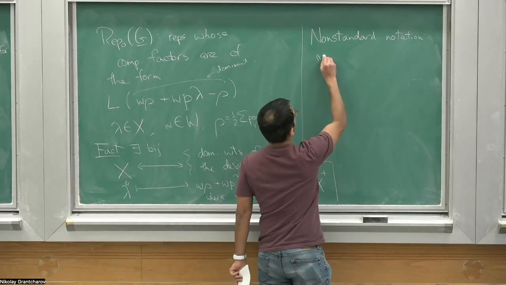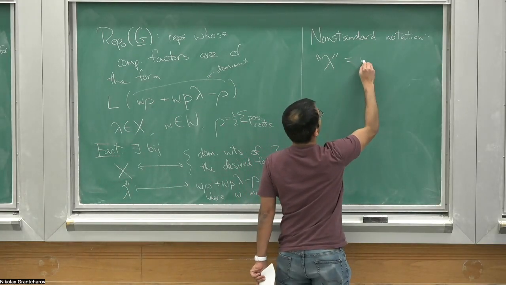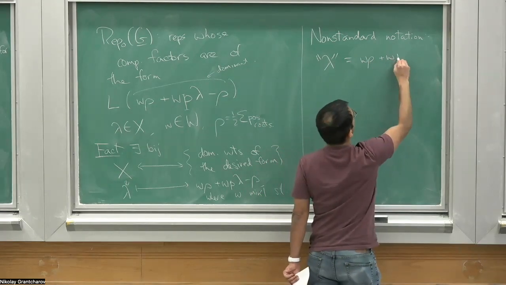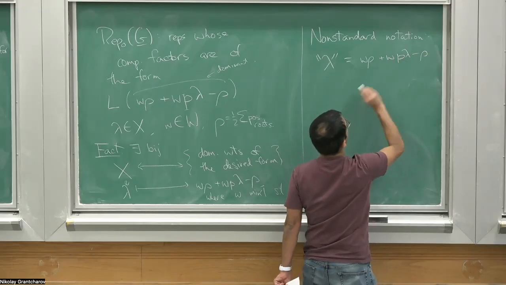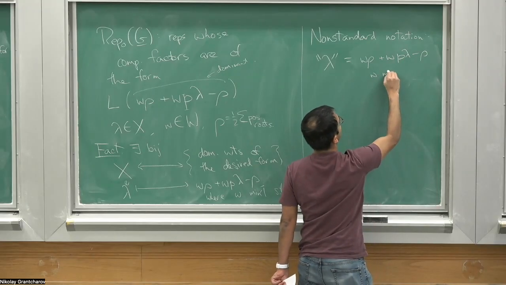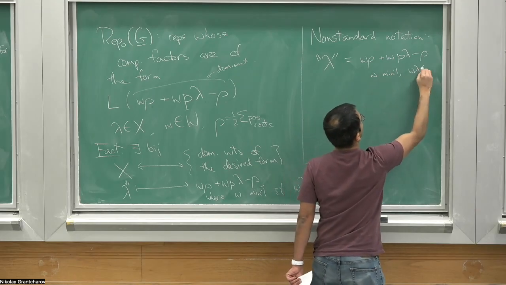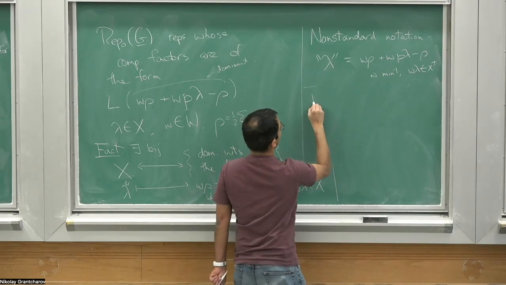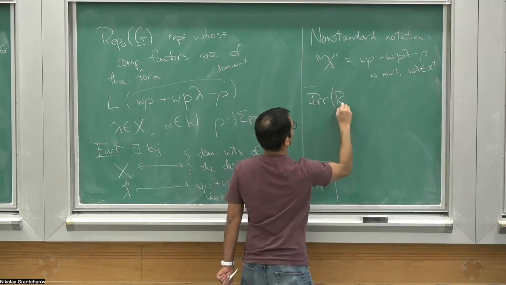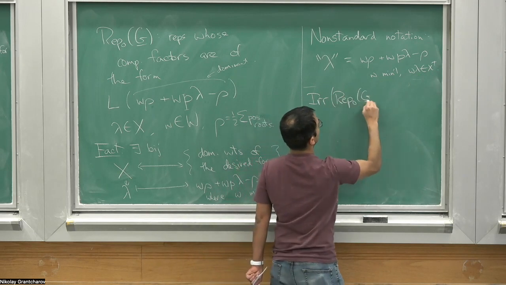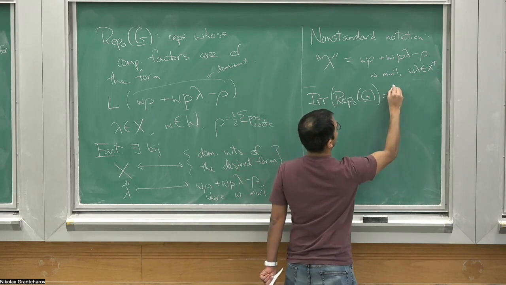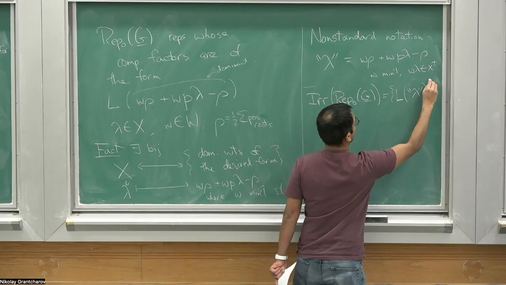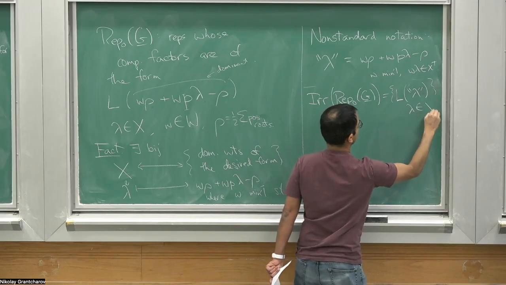And so I'm going to use the notation quotation marks lambda to mean this formula, for w minimal such that w lambda is dominant. With this non-standard notation, the irreducible objects in rep 0 G underline are exactly the things of the form L of quotation marks lambda, where lambda is anywhere.